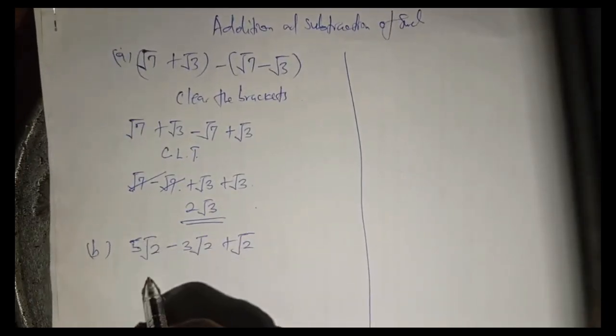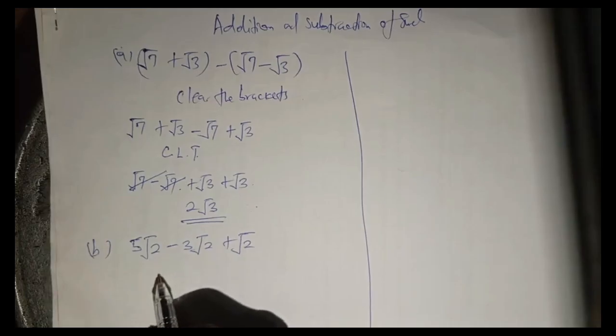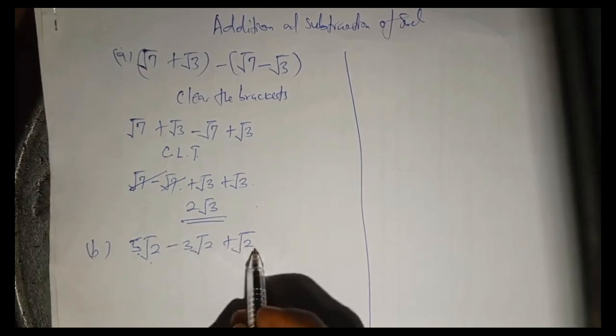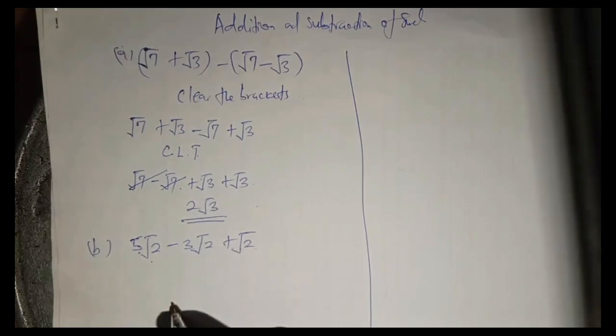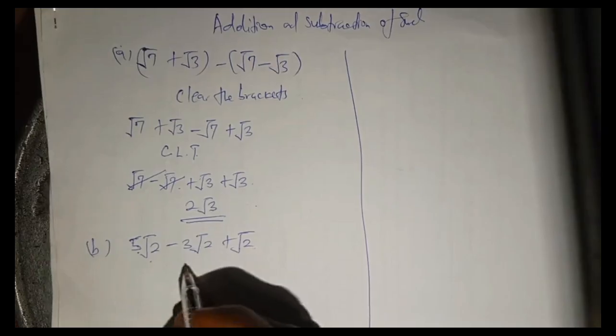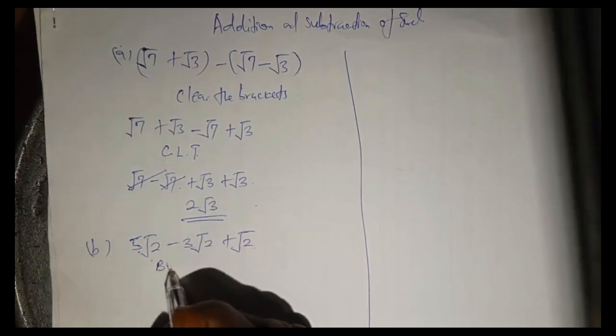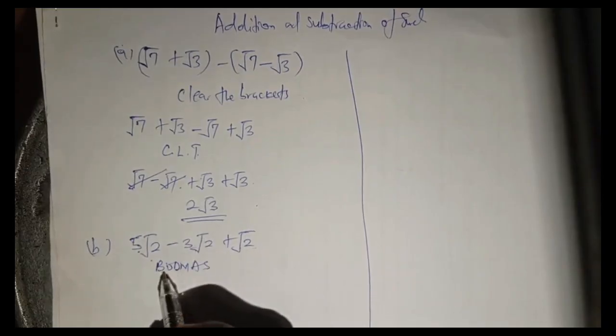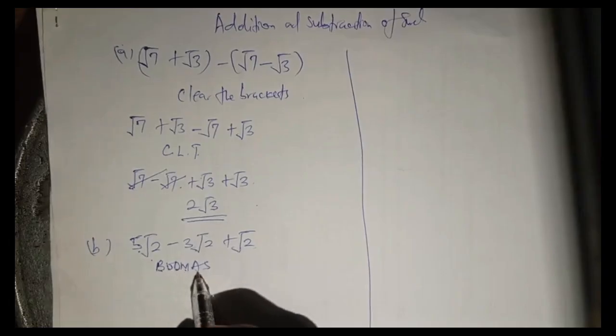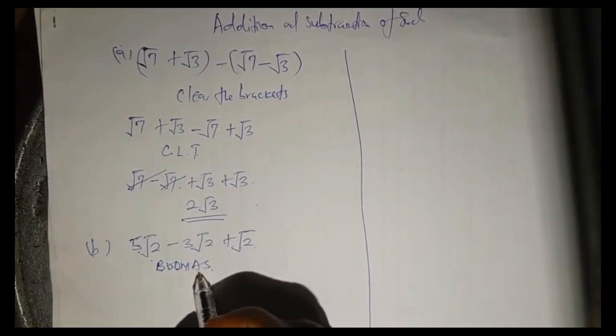So here, 5 root 2 minus 3 root 2 plus root 2. Now we follow the rule of BODMAS: brackets, of, division, multiplication, addition, then subtraction. So addition comes first before subtraction.